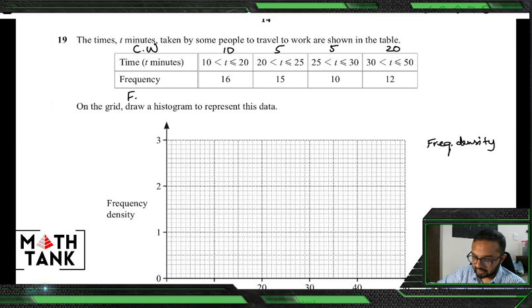So frequency density is frequency divided by class width. 16 divided by 10 gives me 1.6. 15 divided by 5 gives me 3. 10 divided by 5 gives me 2. And 12 divided by 20 is 0.6.